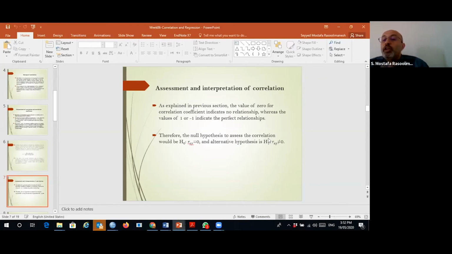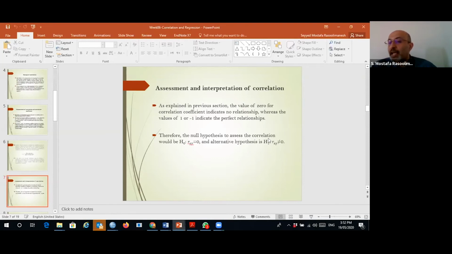But if the correlation coefficient is different from 0, higher than 0 or lower than 0, this is the alternative hypothesis. But we can have two types of alternative hypothesis, based on positive or negative.